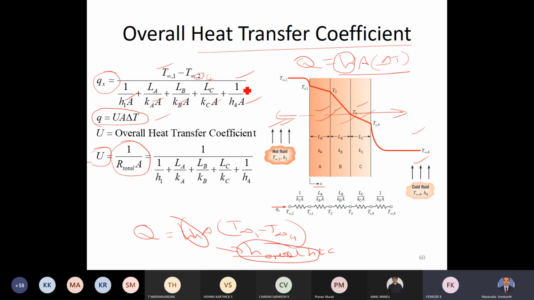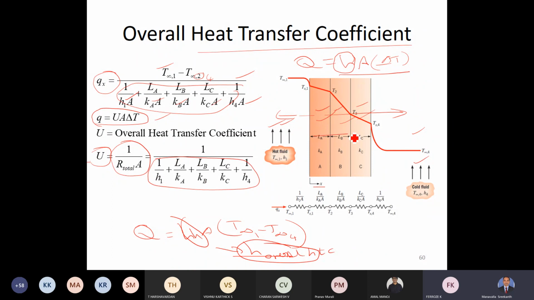So you can see that 1 by H1 A multiplied by the area, so A gets cancelled. What you have here is this formula: 1 by H1 plus LA by KA plus LB by KB plus LC by KC plus 1 by H4.